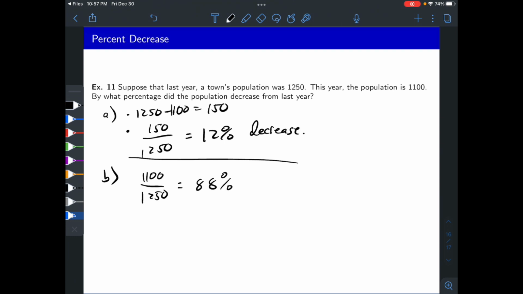And so if we're at 88%, before we were at 100%, and if we go from 100% down to 88%, how much did we go down by? Well, 100 minus 88% is just equal to 12%. And so that would tell us that it's a 12% decrease.